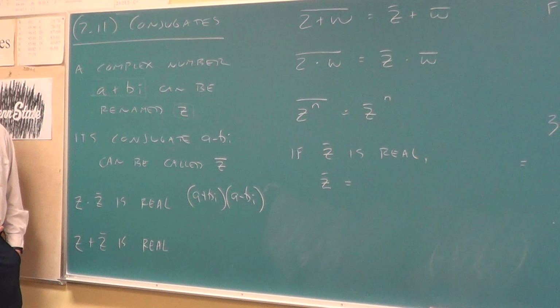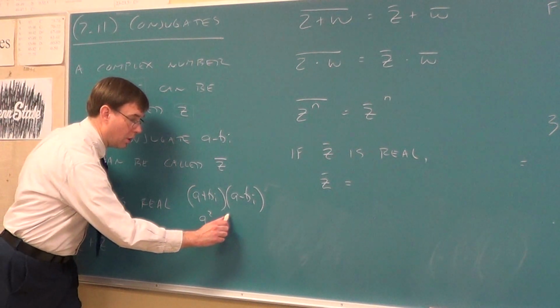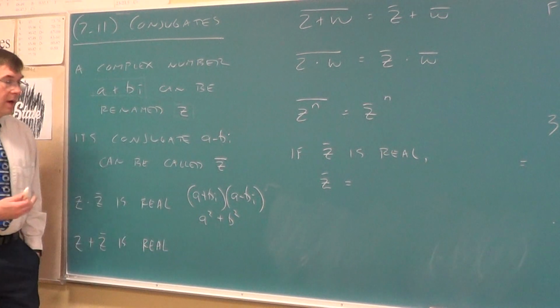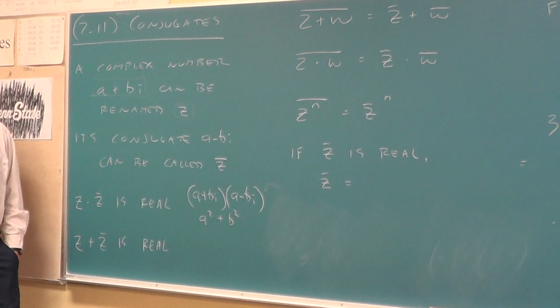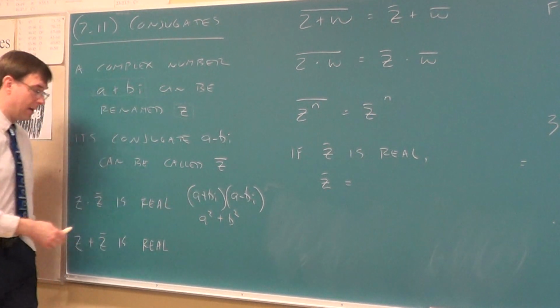What would that answer be? a squared minus b squared i squared. In other words, a squared plus b squared. We could do that by FOILing it out, or we can just square a, square b, and add.